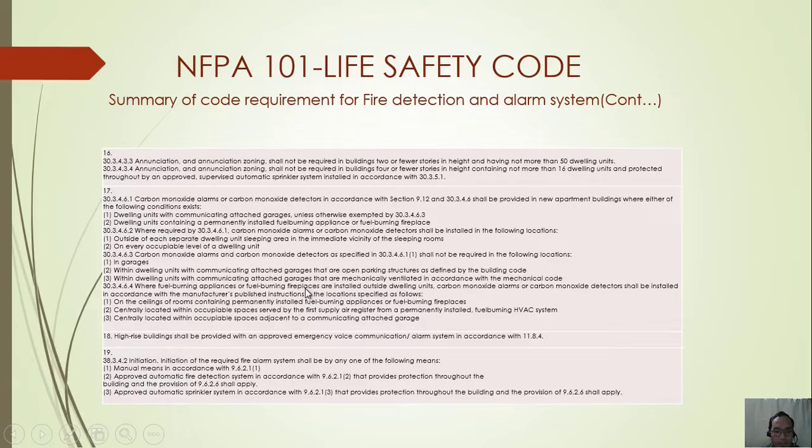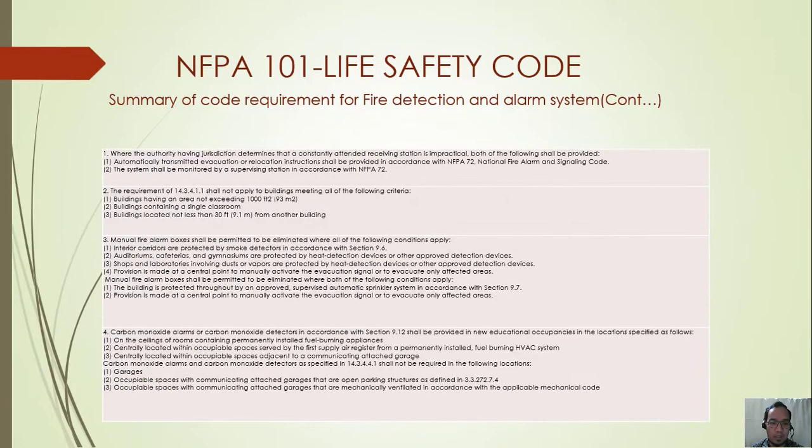Initiation, either you provide manual means, or you provide smoke detection throughout, or you provide sprinkler all throughout. Okay, this is not an exemption for manual means. This is the initiation, the acceptable options for initiation. Either you provide manual pull stations, or detectors, or sprinkler.